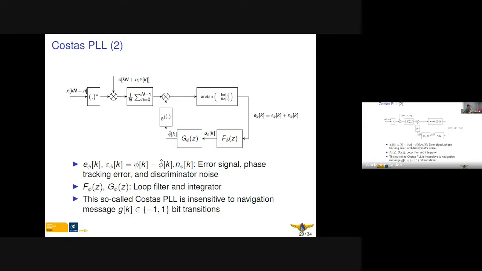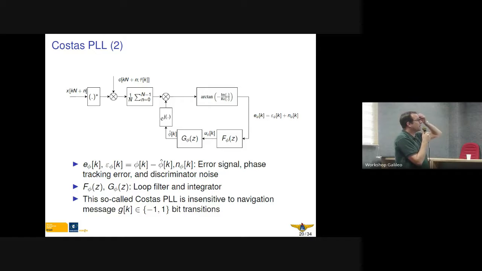This enters again, as for the DLL, a loop filter F of phi of z, and then an integrator G of phi of z. And this structure that we have here is called a Costas PLL, and nicely it is also insensitive to navigation message bits. So whenever they change, they don't disturb the phase estimate, because they change over time and we don't know them.